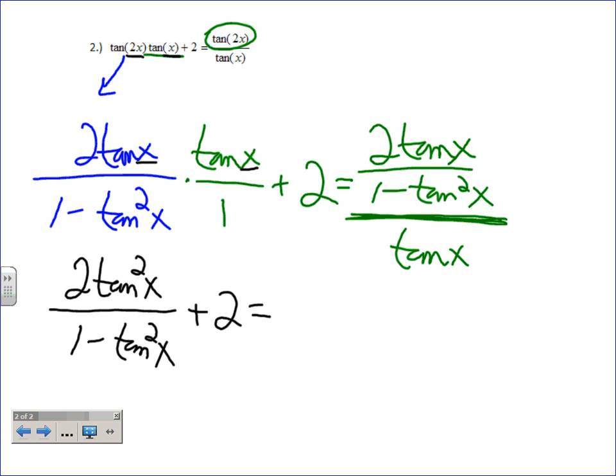Any ideas of what to do with that stuff on the right? There's just fractions all over the place over there. Yes? It does not, well, it does, but can you show me how? You got to flip it up.